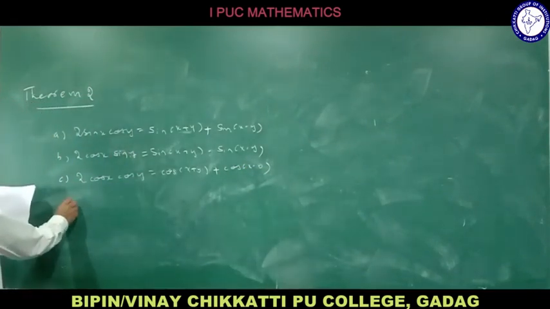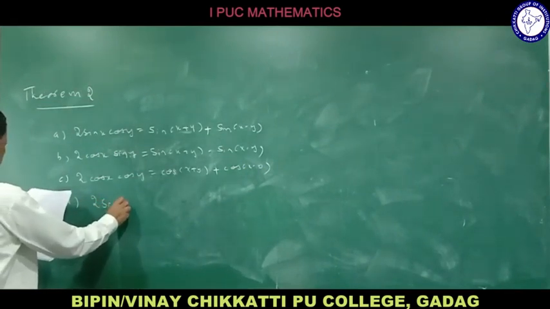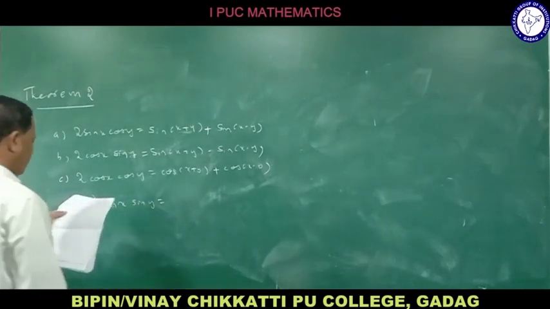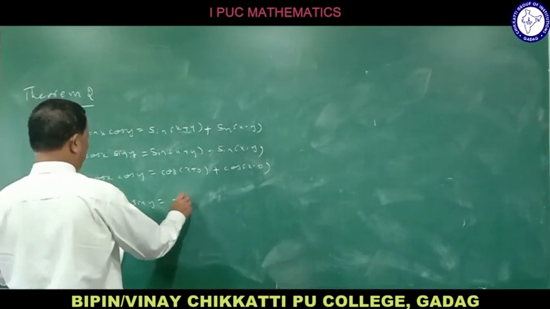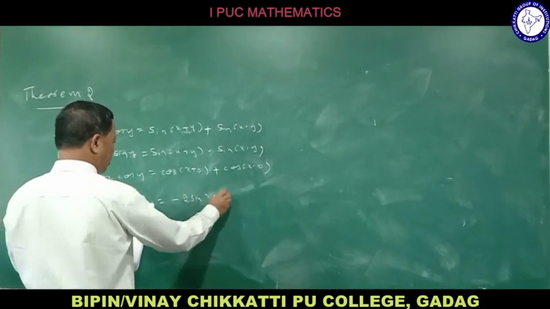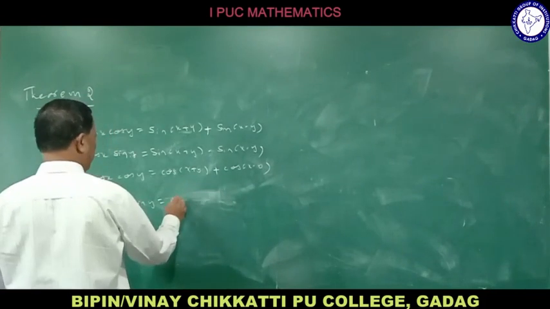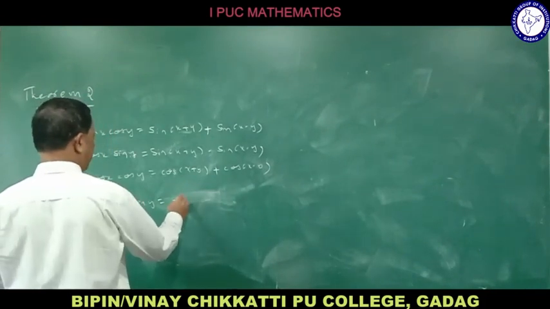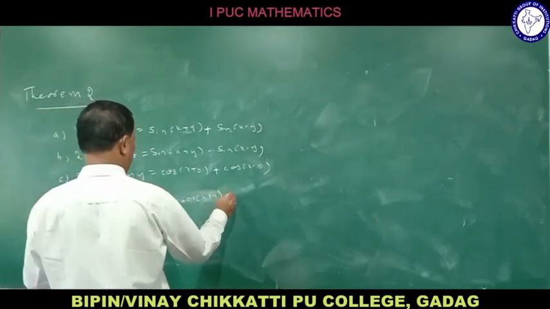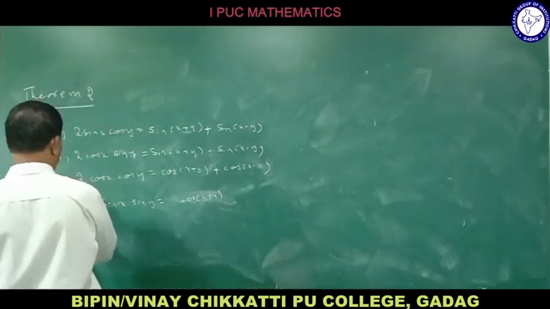Number D, I am going to write that 2 sin x sin y is equal to, according to the formula, minus 2 sin of x plus y, and here you will get the cos, that you can write as minus cos of x plus y, and when you go for writing this subtraction you will see this minus.